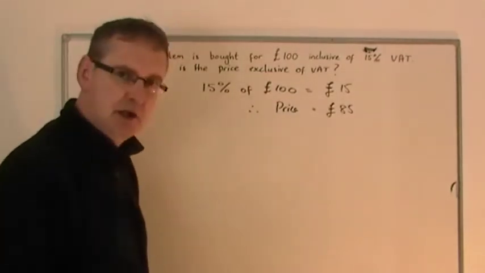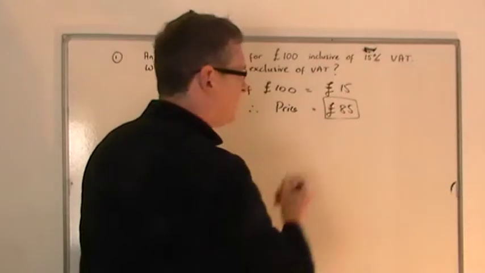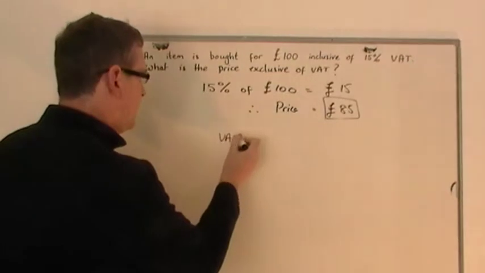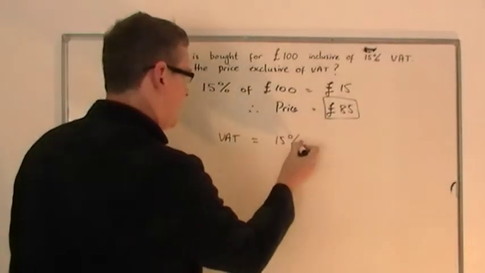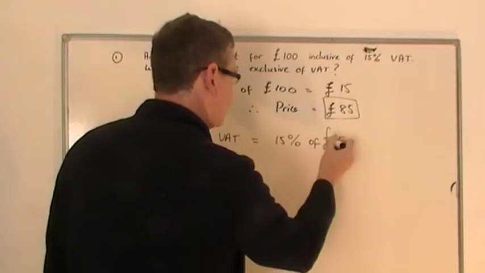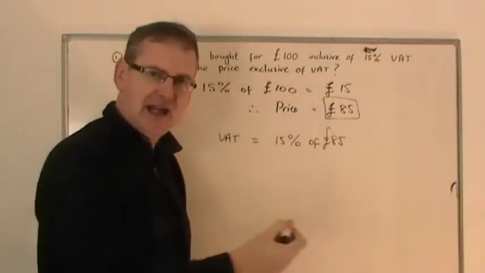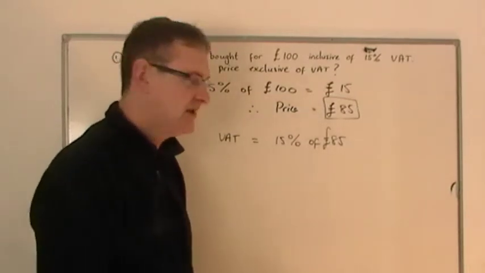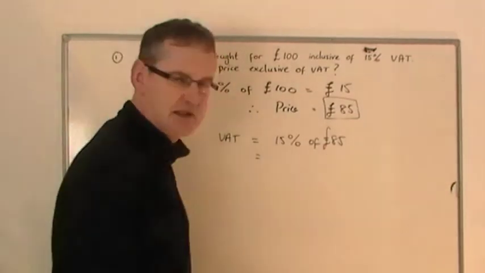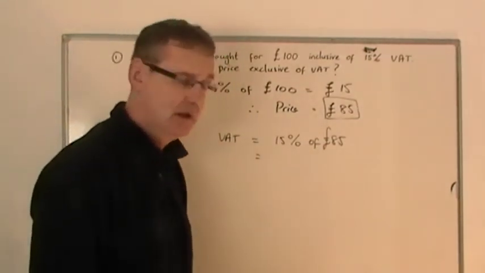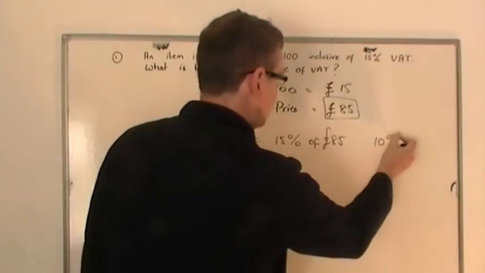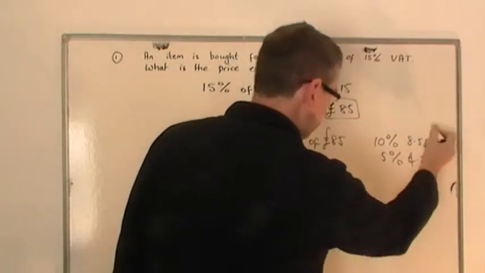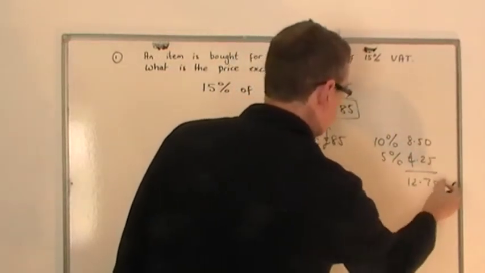Well, if you think about it, if the shopkeeper actually wanted to be selling an item for £85, then the VAT that they're going to charge would be 15% of £85. And they're going to add that on to the £85 to get the price ticket on the item. So if you worked out, well, 10% of £85 is £8.50, and 5% would be £4.25, half of that, so if you add them up you get £12.75.